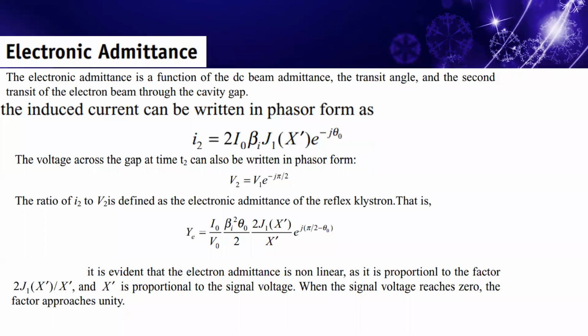Clear? Now in this video lecture, I wish to calculate the electronic admittance. What is the electronic admittance for the reflex klystron?